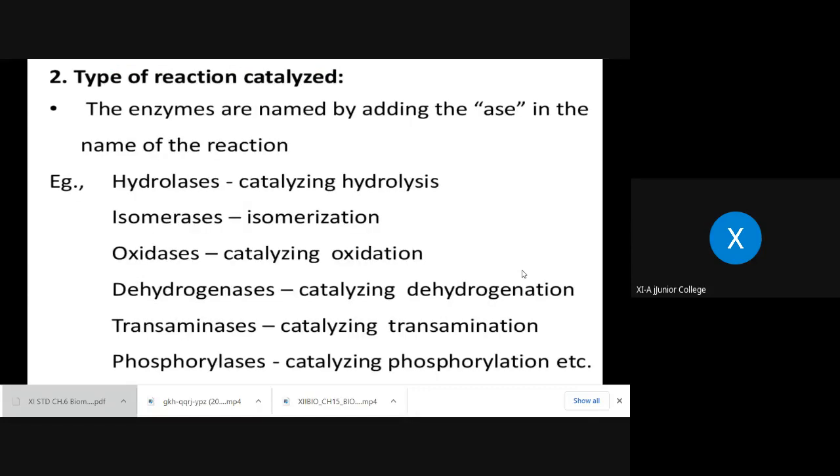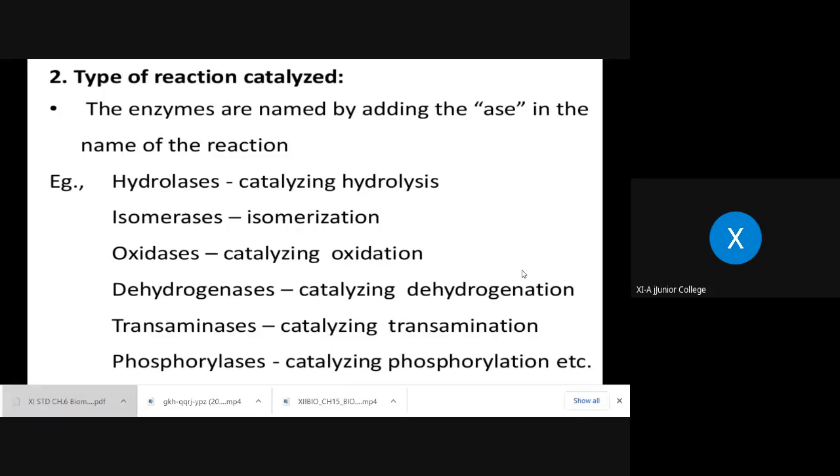The second category of giving the name is the type of reaction they catalyze. These enzymes are named by adding ASE to the name of the reaction. For example, enzymes which catalyze hydrolysis are called hydrolases. Isomerase means an isomerization reaction is performed.